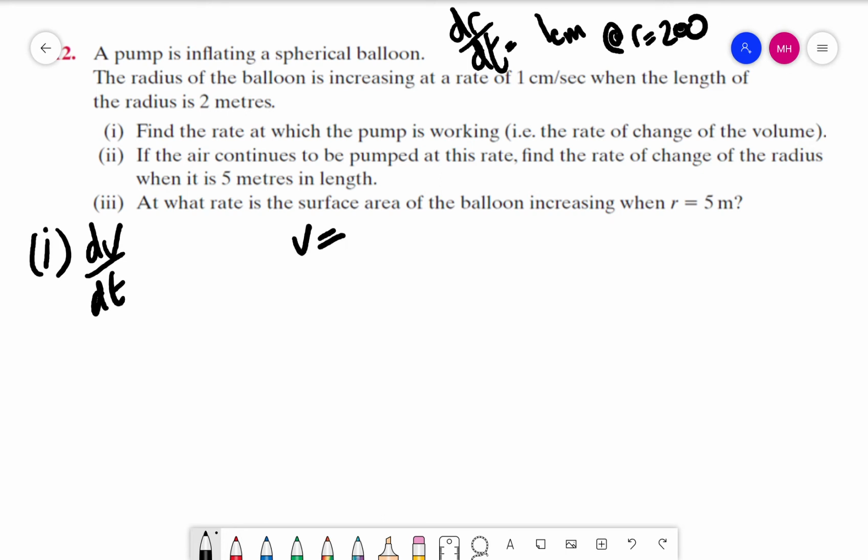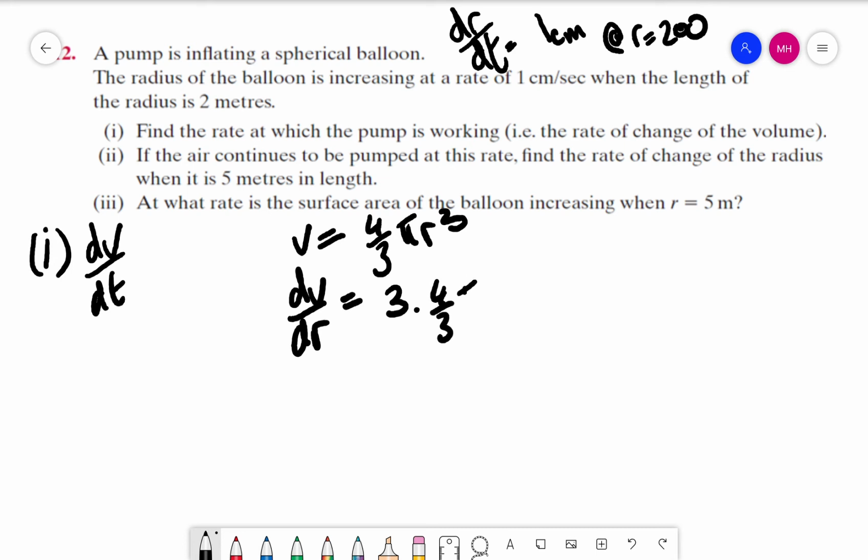They've given you V, the volume of a sphere, which is 4/3 pi r cubed. So if you were to differentiate that, you would end up with dV/dr. Now that's not what you're trying to find, but differentiate the 4/3 pi r cubed, you're getting 3 times 4/3 pi r squared, giving you 4 pi r squared.